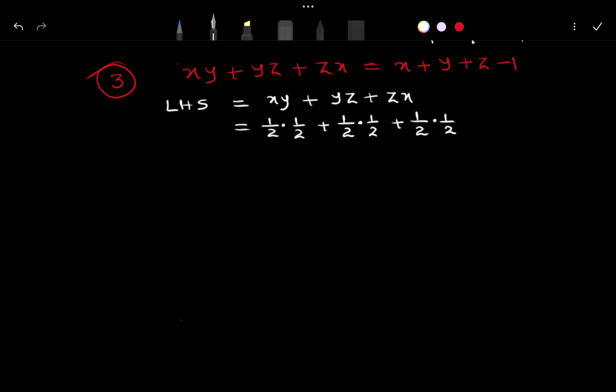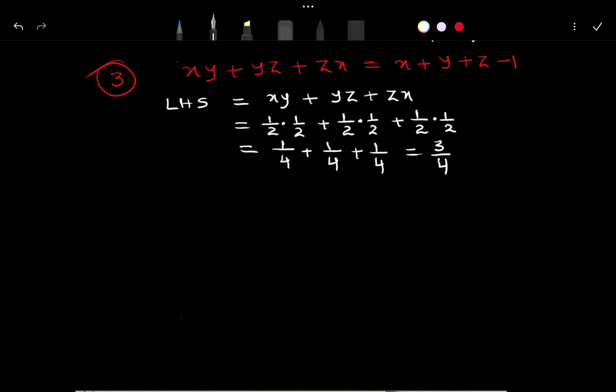So totally this value will be 1 by 4 plus 1 by 4 plus 1 by 4, which equals 3 by 4. This is the LHS value.